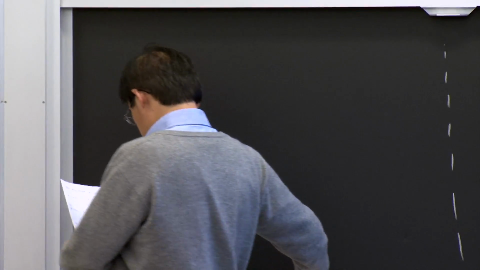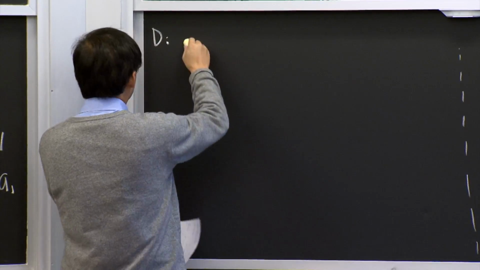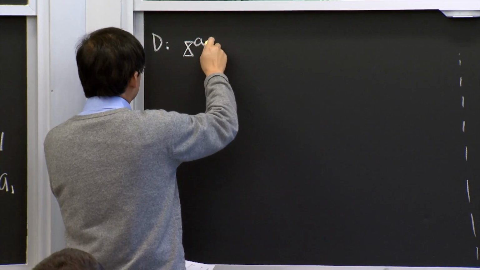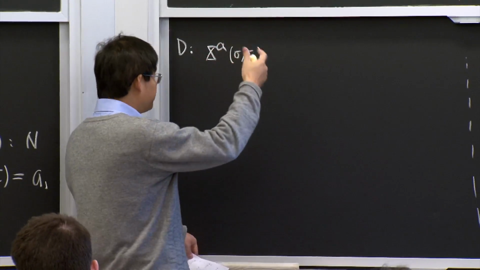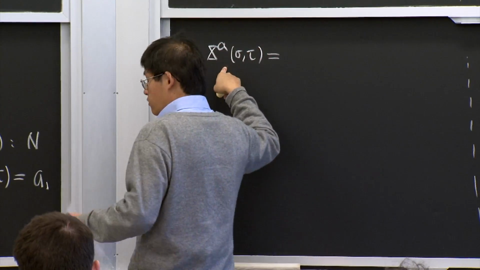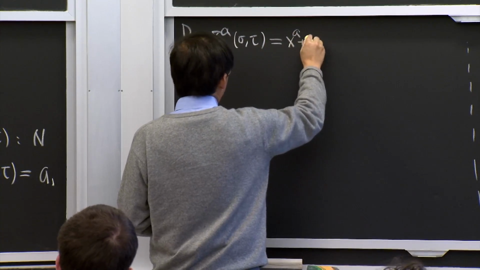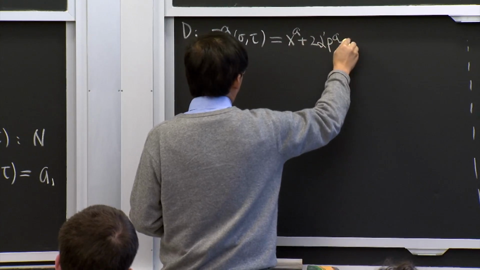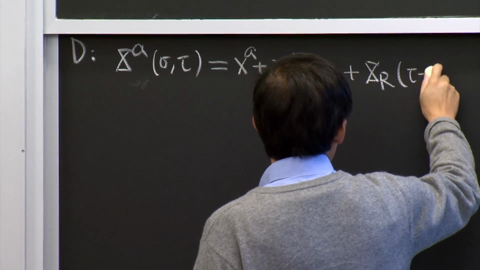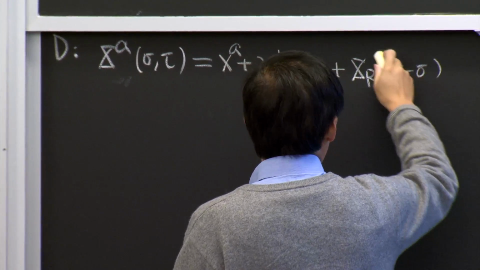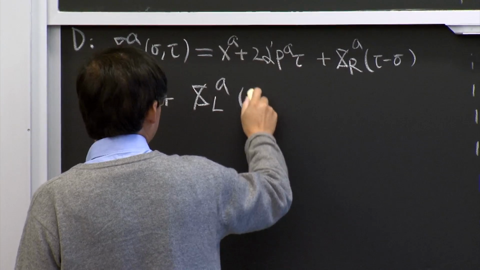Let's again write down the most general solution for such a field. You have X^A equal to x^A plus 2 alpha prime p^A tau, plus R^A of tau minus sigma, and L^A of tau plus sigma.